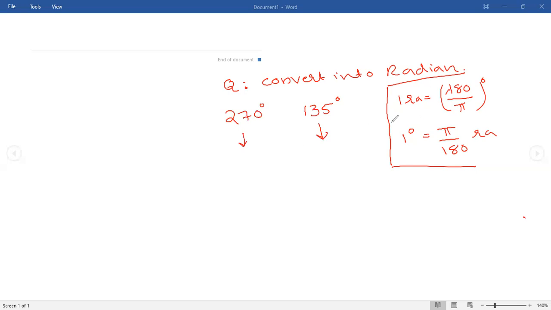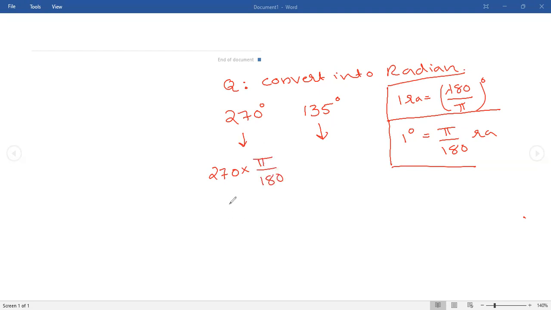You know very well, we have only two equations, how to convert radian into degree and how to convert degree into radian. The first question is 270 degree. When I am converting 270 degree into radian, I know what I have to do. I have to multiply 270 into pi divided by 180, isn't it?